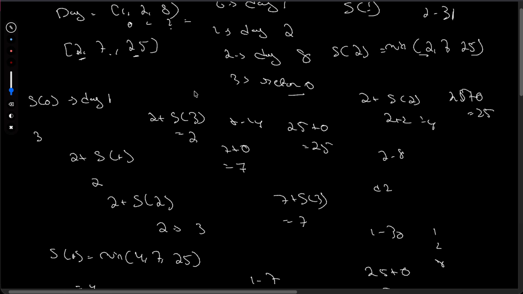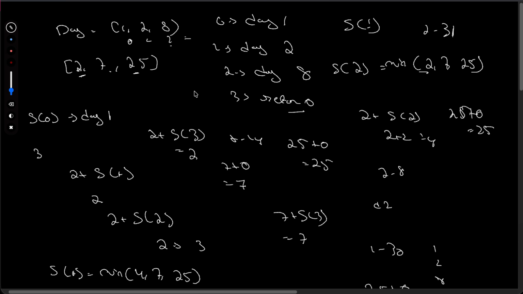Okay, so we know we have three choices. I think we have to write down the code.